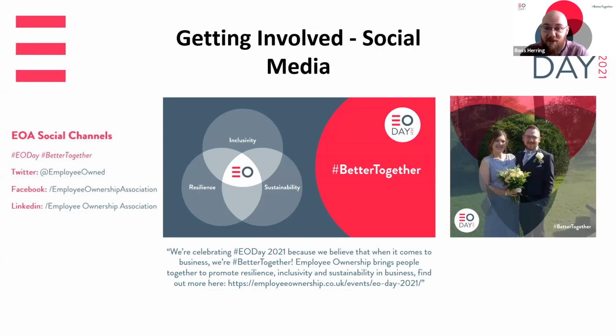You don't need to trim it or change it or anything. Just stick that in there and put it out at 1 p.m. using the hashtags EODay and BetterTogether. And fingers crossed we can get EODay and BetterTogether trending across the internet. Wouldn't that be nice?